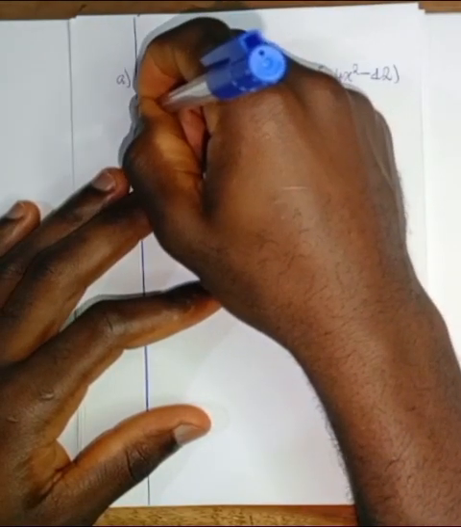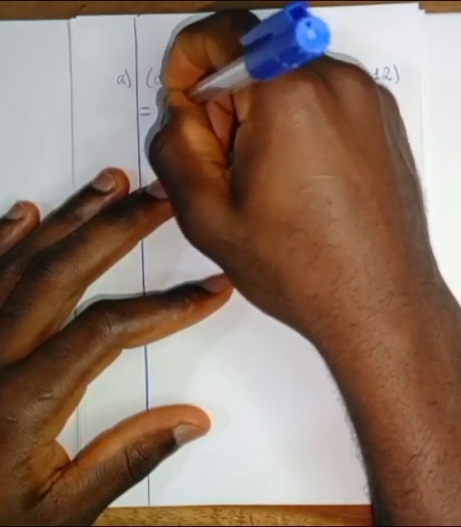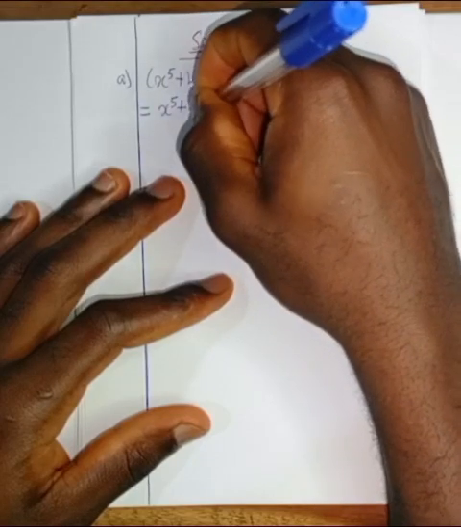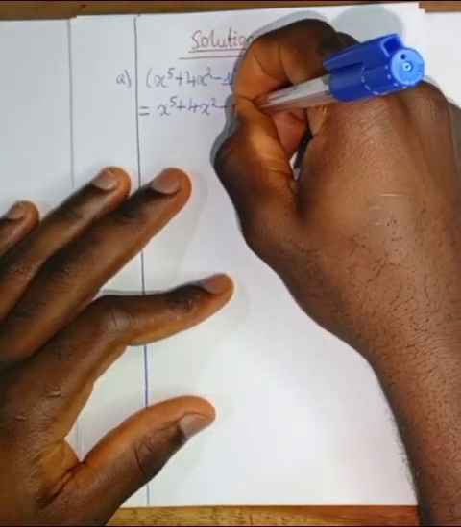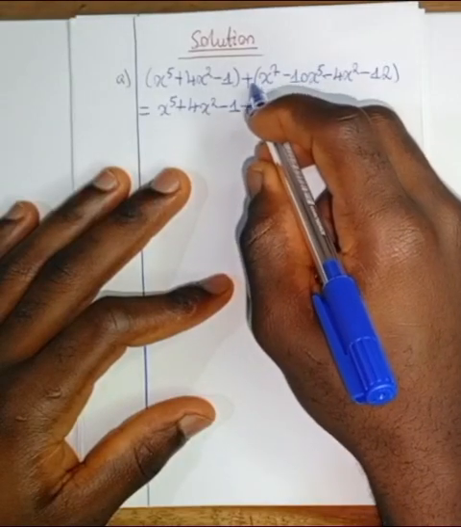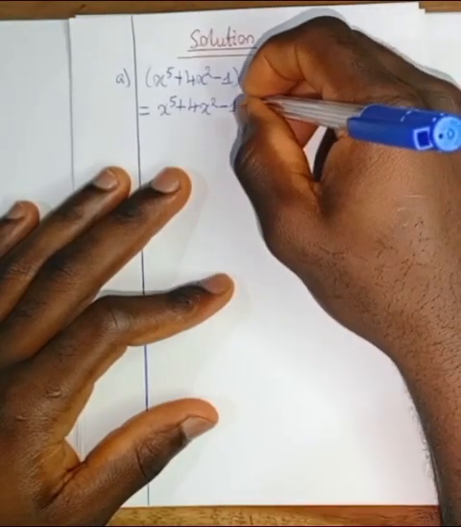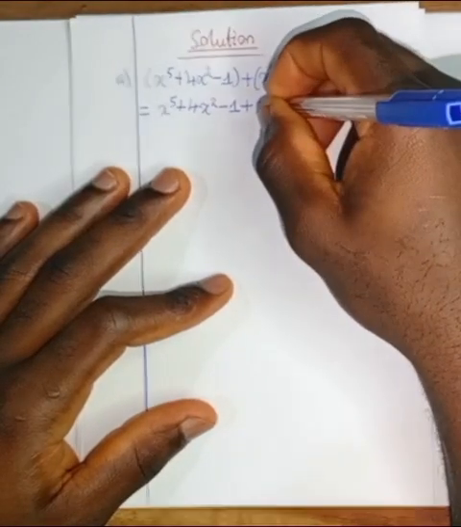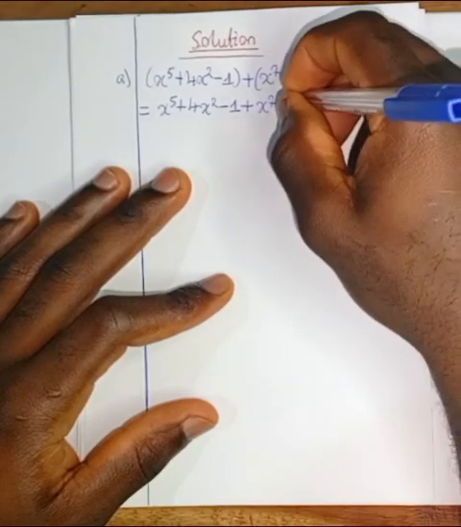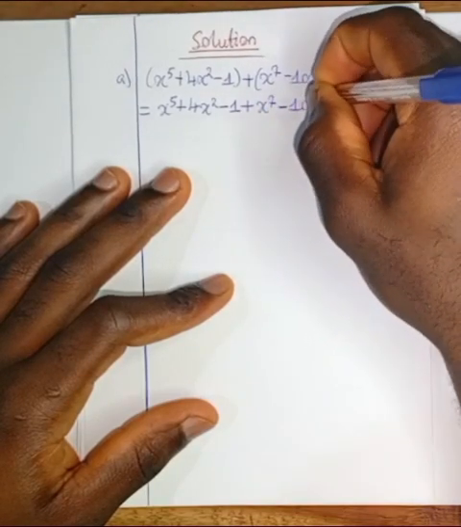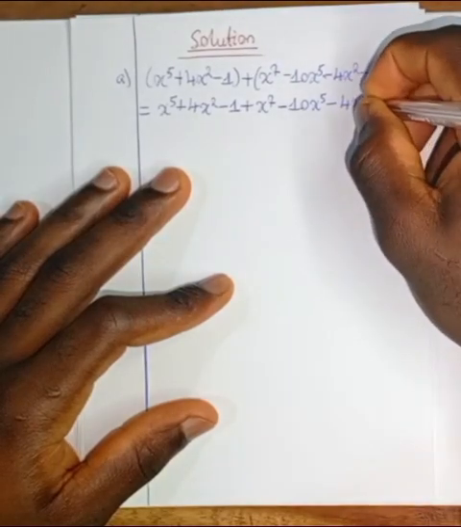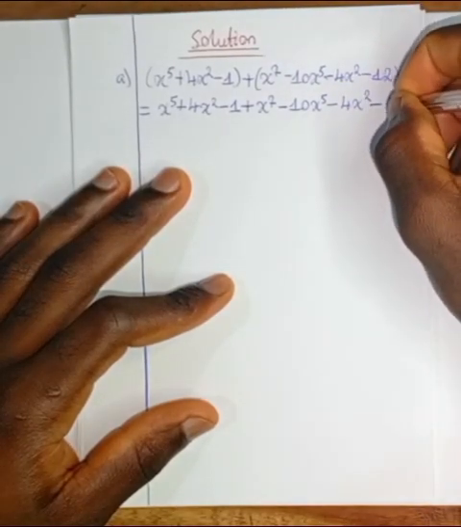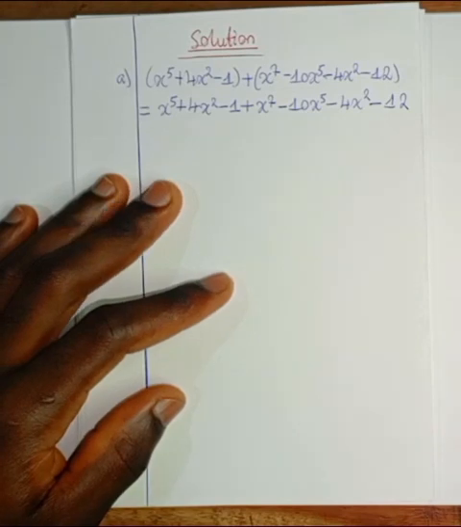This will simply be equal to x to the power 5 plus 4x squared minus 1 plus, here we know the coefficient is 1. 1 times x to the power 7 remains x to the power 7, minus 10x to the power 5 minus 4x to the power 2 minus 12, since we are multiplying out by 1.